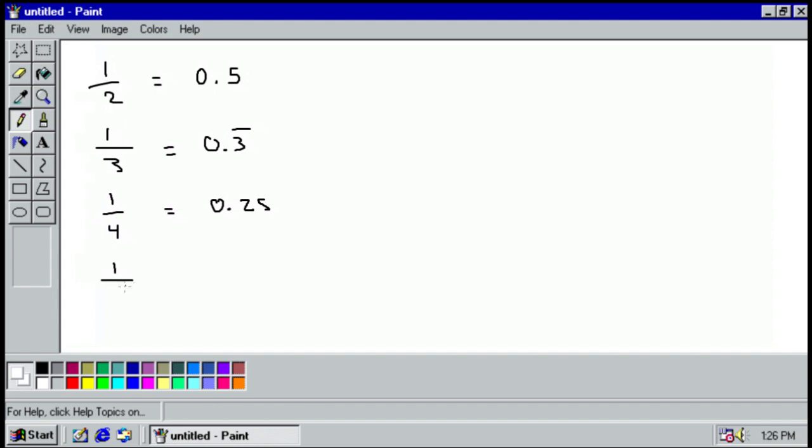And 1/5 is 0.2 or 0.20. We also have 1/8, which equals 0.125. We also have 3/4, which equals 0.75.